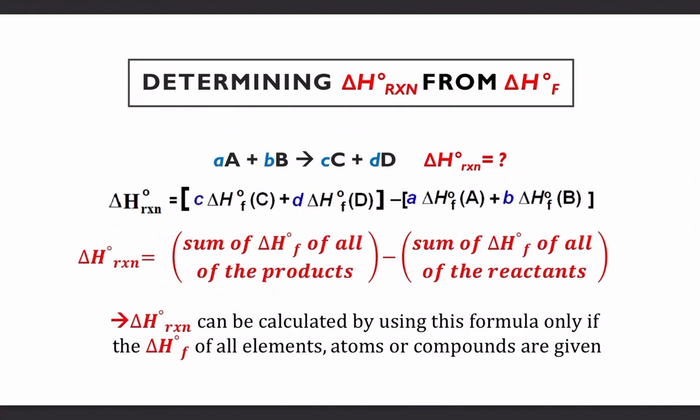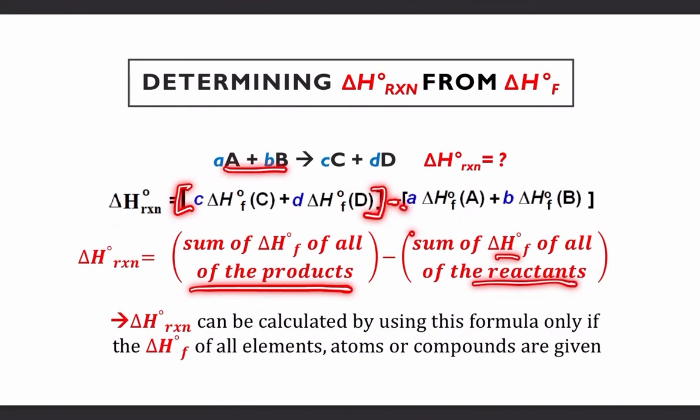So we will need to use the enthalpy of formation of our C and D times the stoichiometry, that will be your product, sum of delta H formation of all the products minus the sum of enthalpy of formation of all the reactants, so A and B.